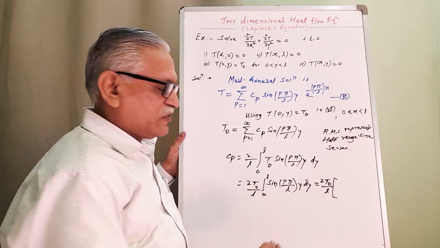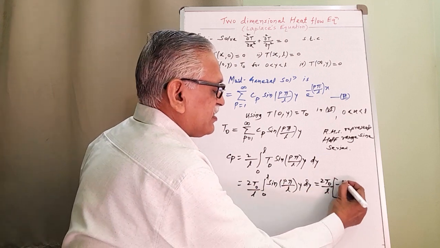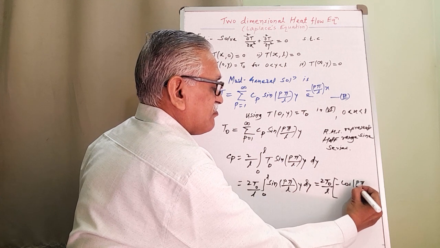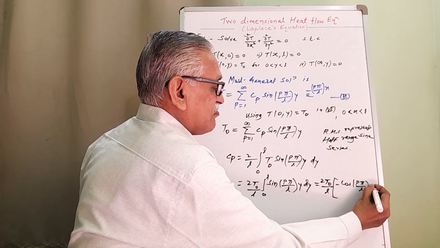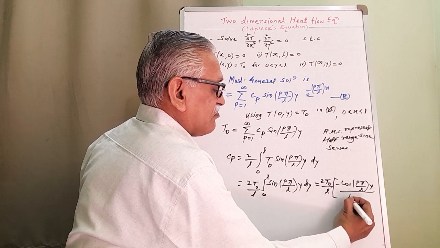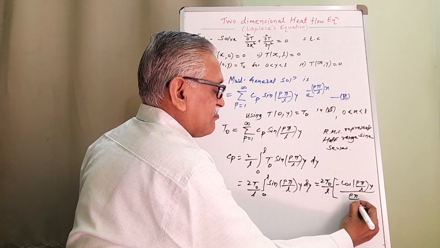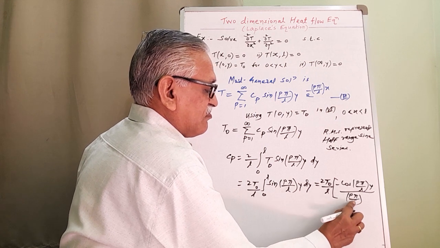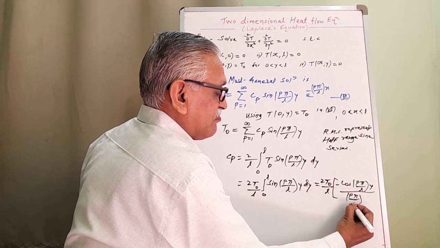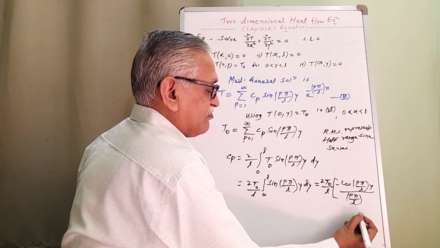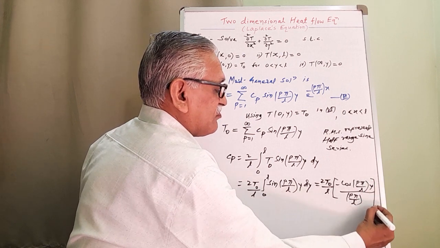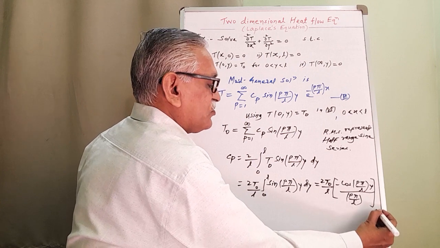Integrating that sine term with respect to y, we get its integration as minus cos of p pi by L y, limits from 0 to L.